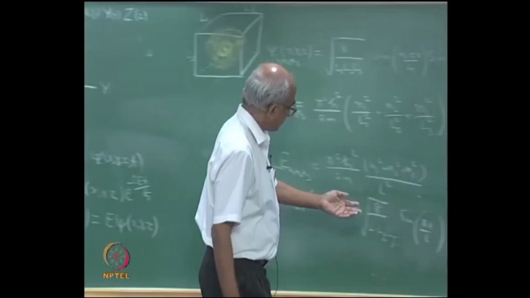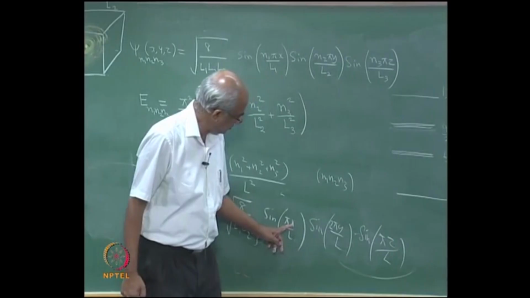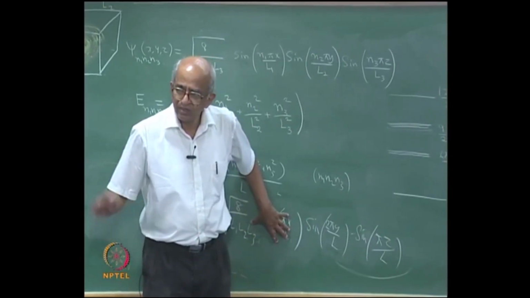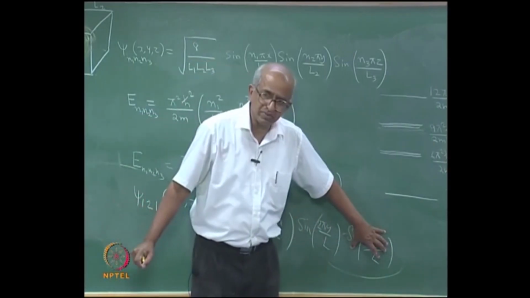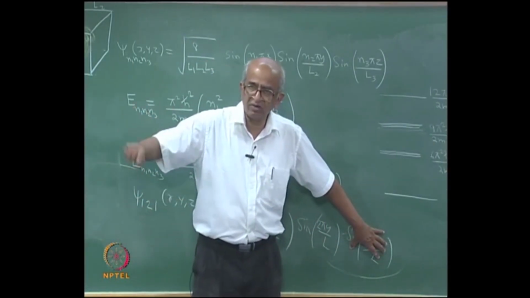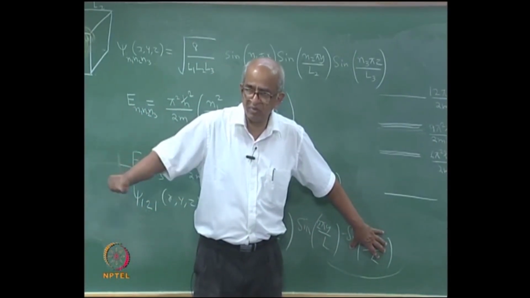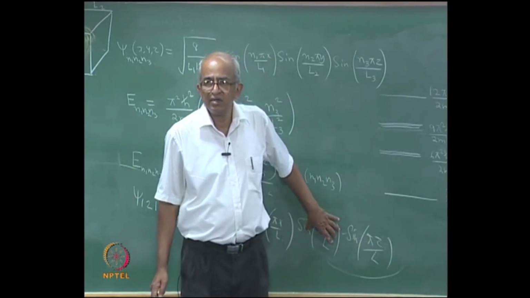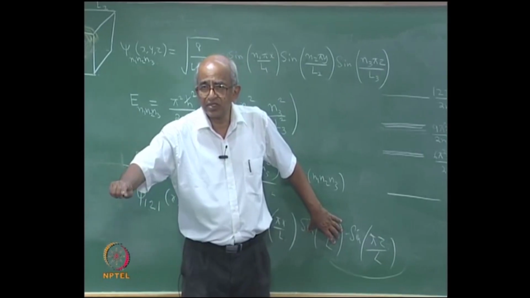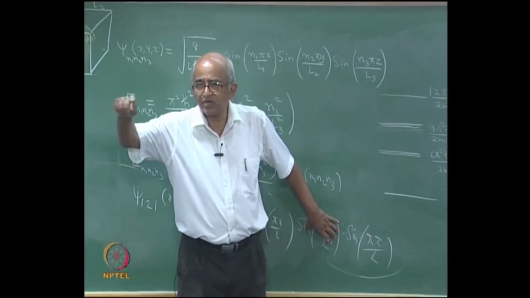Now, as you vary x from 0 to L, the function always remains positive. This also remains positive, remember, it is the ground state wave function for a one dimensional box. But this one is not the ground state wave function for a one dimensional box, it is the first excited state.